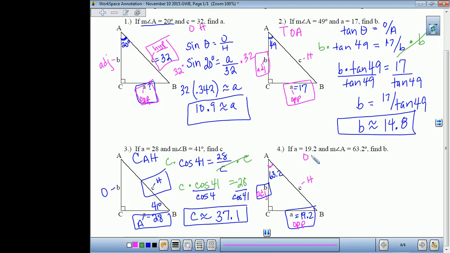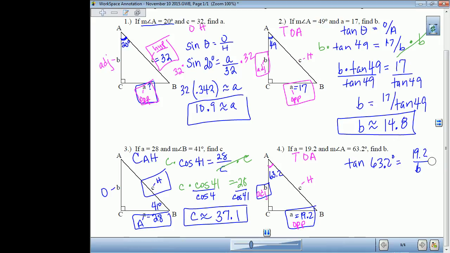Opposite and adjacent, that's tangent, TOA. So tangent of 63.2 degrees is equal to the opposite over the adjacent. Variables in the denominator takes an extra step. We'll multiply both sides by B. Cancels here.